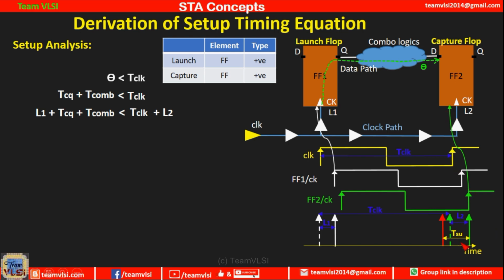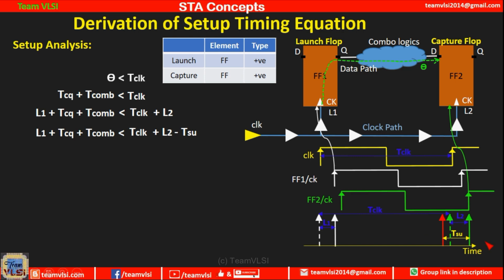So we need to subtract this much time on the right hand side to consider this setup uncertainty, and our final equation will look like this: L1 plus TCQ plus T combo should be less than T of clock plus L2 latency minus setup uncertainty.